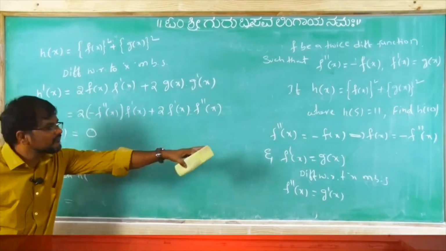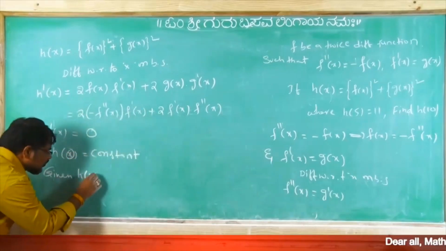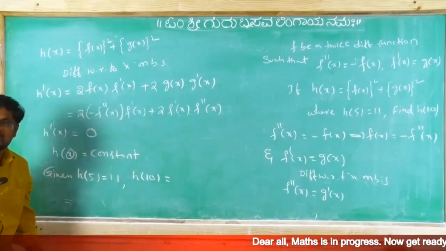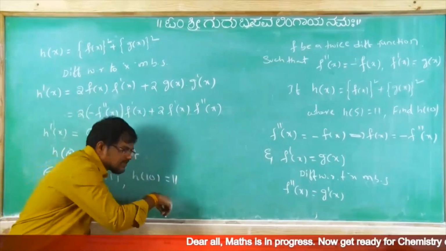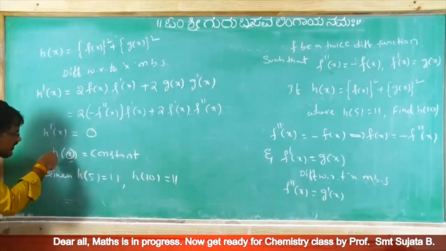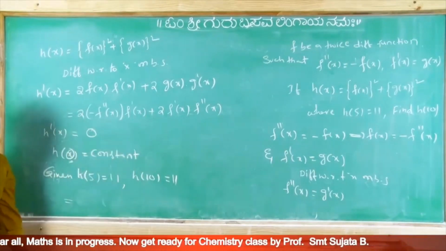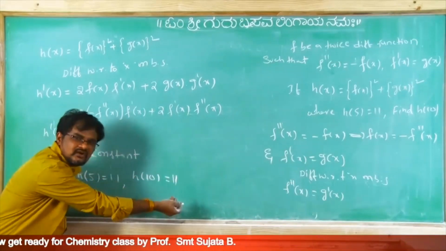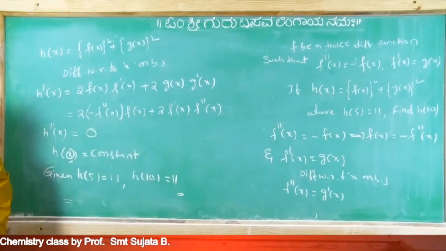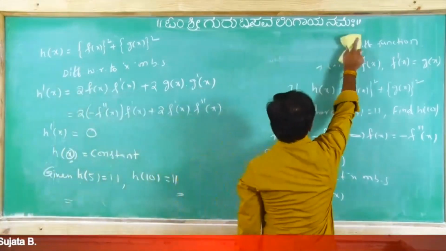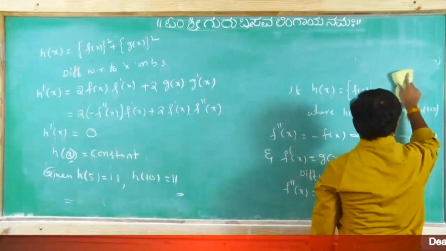H of 5 equal to 11 means h of 10 is also 11, because this is not only for a single value. It is for all x, constant only. Means h of 5 equal to 11 means h of 10 also 11. So what is our answer? 11. Okay. So like this also sometimes they will ask the problem.